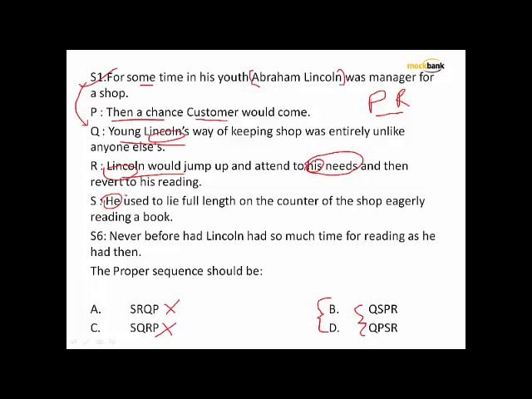So this particular action could be said to be explaining statement number Q, right? So when I say that young Lincoln's way of keeping shop was entirely unlike anyone else's, how am I explaining that statement? That he used to lie full length. That means my statement number Q would be followed by statement number S.